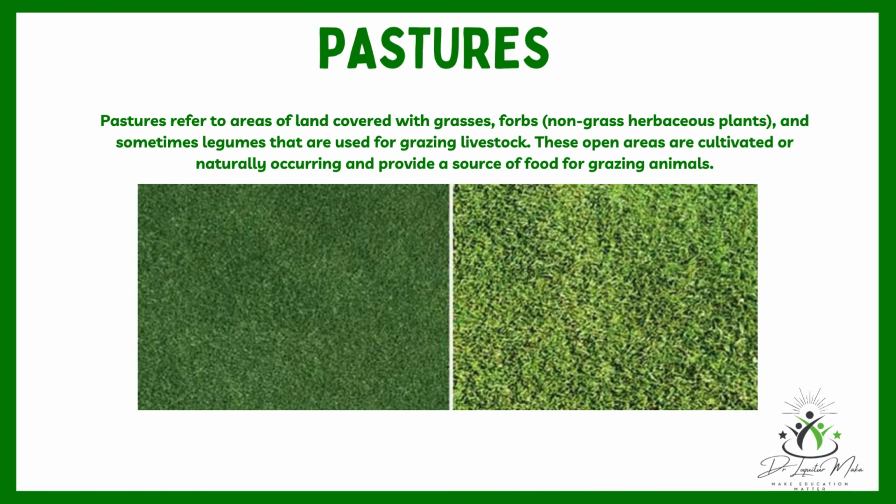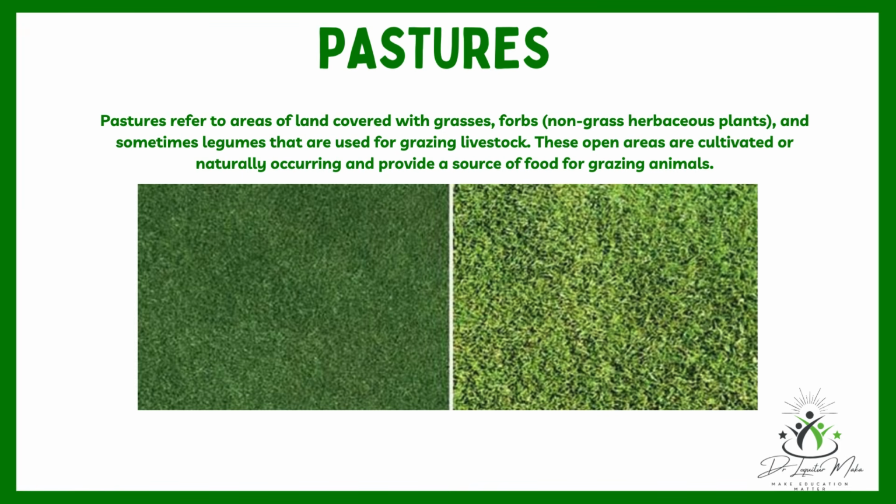Right, now what is a pasture, or what are pastures? When we're talking about pastures, we are basically talking about land that is covered with vegetation. This vegetation is used for grazing livestock, which are part of the farm. So this can be grasses, forbs, legumes, and all types of pastures.